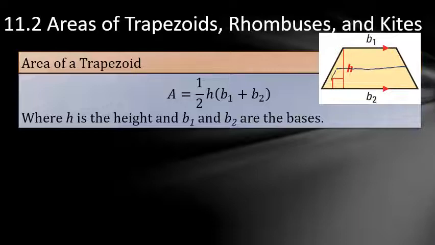If I take this little triangle and flip it up there, and this little triangle and flip it up there, I end up with a rectangle whose width is 1/2 base 1 plus base 2, and whose height is h.